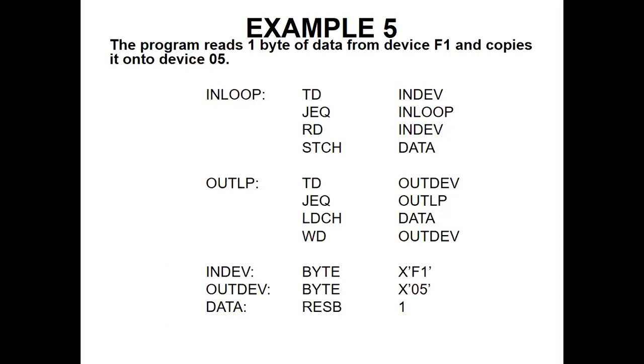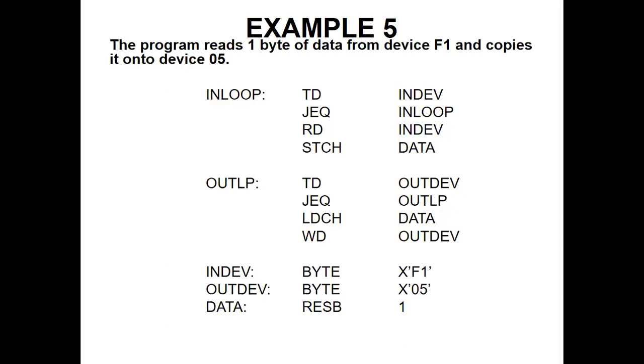Remember, there are 3 bytes of the accumulator. Okay. Now, after reading, so that byte is in the accumulator, you can store character. That means you store what is in the accumulator to a memory location called data. Okay. So that is as far as reading is concerned.